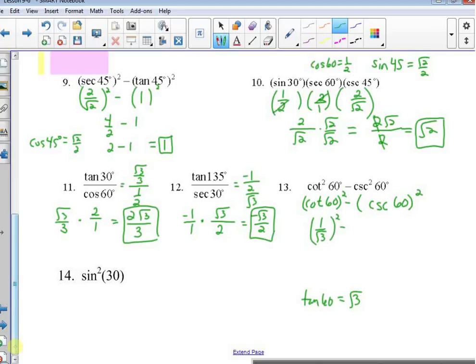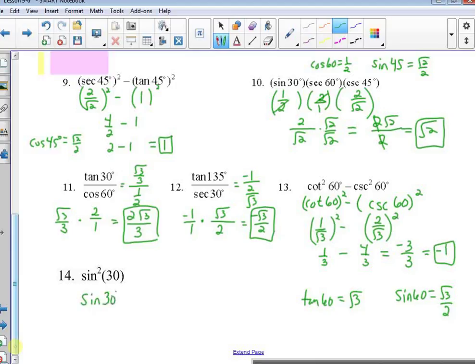Cosecant of 60 relates to the sine of 60, and the sine of 60 is radical 3 over 2. So cosecant of 60 is 2 over radical 3. So square those and you get 1 over 3 minus 4 over 3, which is negative 3 over 3, or negative 1.